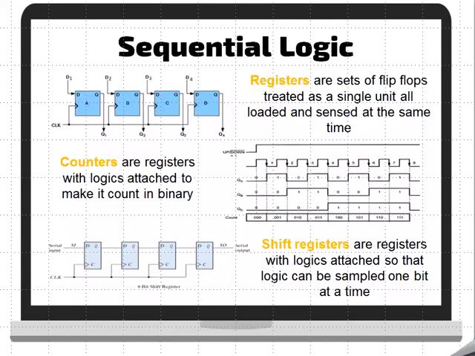Registers are sets of flip-flops treated as a single unit, all loaded and sensed at the same time. Counters are registers with logic attached to make them count in binary. And shift registers are registers with logic attached so that logic can be sampled one bit at a time.